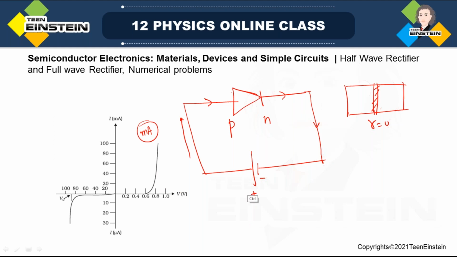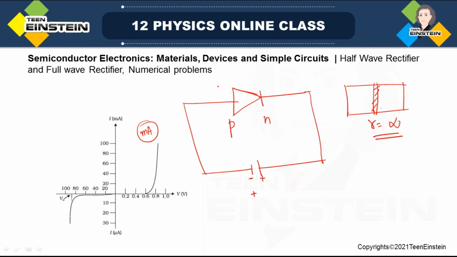But if you look at the reverse bias, what is reverse bias? If you just make the opposite polarity, you make this negative and this positive, that means the N side of the PN junction diode is connected to the positive terminal of the battery and the P side is connected to the negative terminal, then the depletion layer will provide almost infinite resistance in case of ideal diode, and ideally no current or zero current will flow.